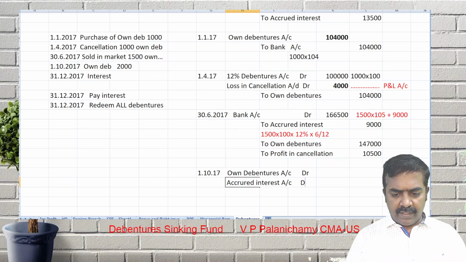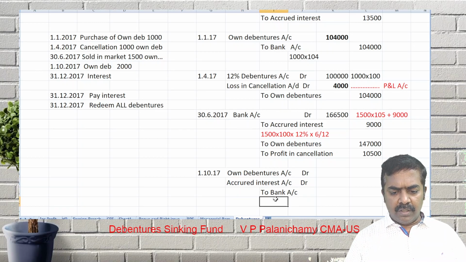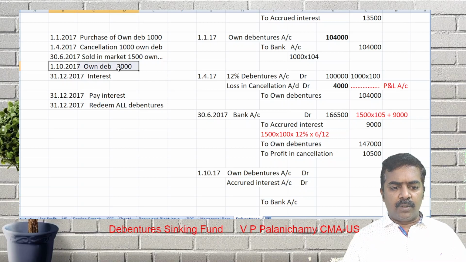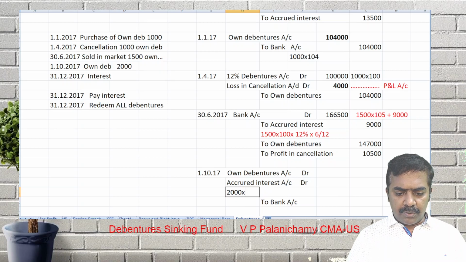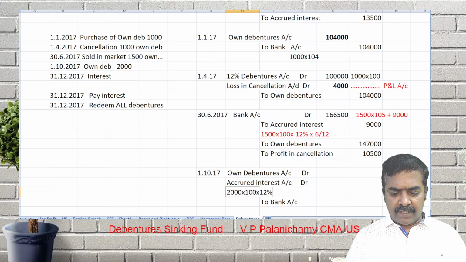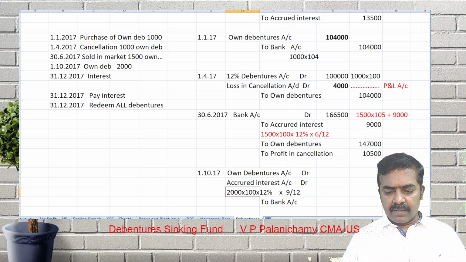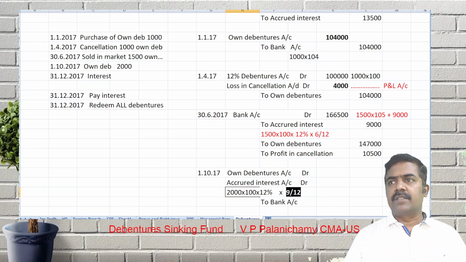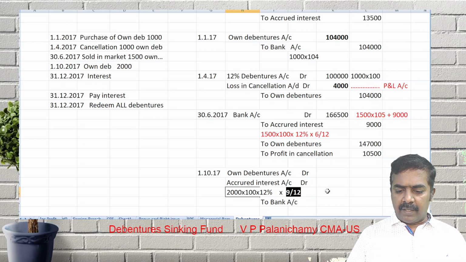Accrued interest account debit, to bank account. Accrued interest account debit, to which account? Bank account. Now for accrued interest, how many debentures are we purchasing? Own debentures, 2000 debentures we are buying. 2000 into 100 into 12% for how many months? 9 months. How 9 months? January to September. So 9 months interest we have to pay and buy.